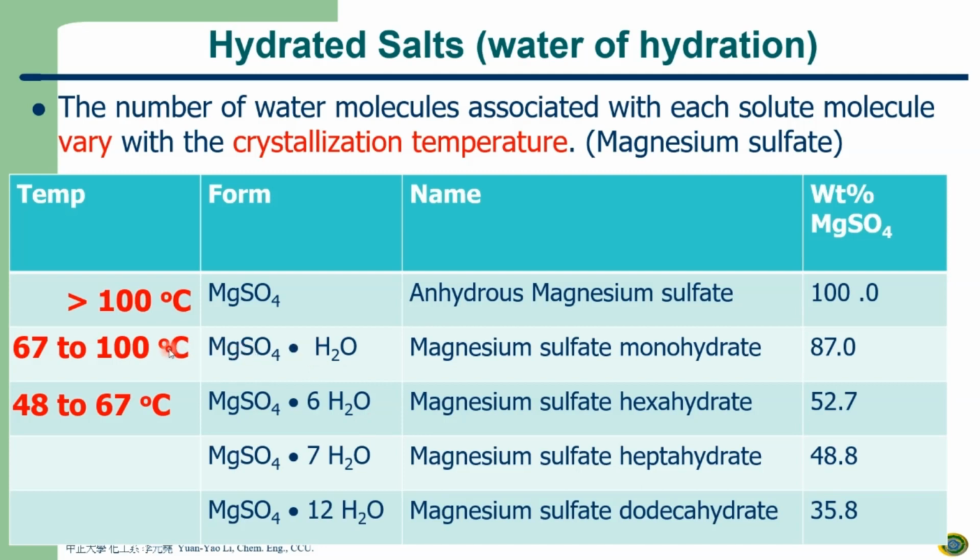If you decrease the temperature, the water in the crystal will be more. So you will have different water inside this crystal at different temperatures. The content of the water in the hydrated salt is related to the temperature in this case.